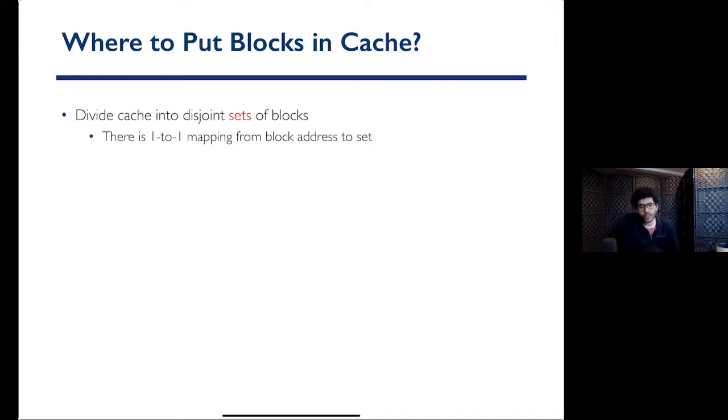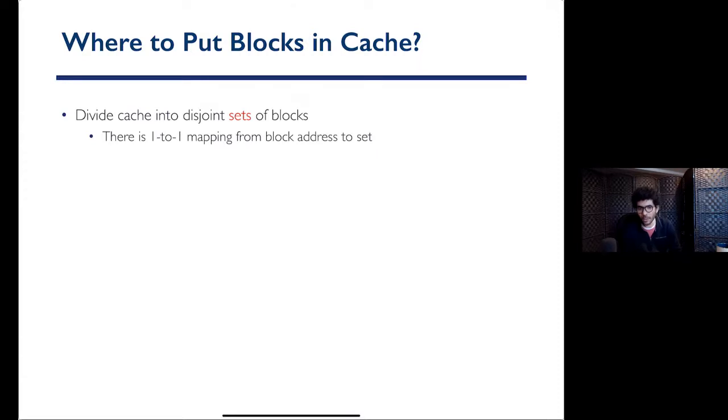The answer to that question is, usually we divide the cache into sets. Each set has a certain number of blocks in it, and we're going to map each memory address to a single set in our cache.